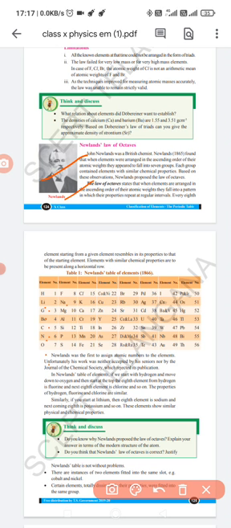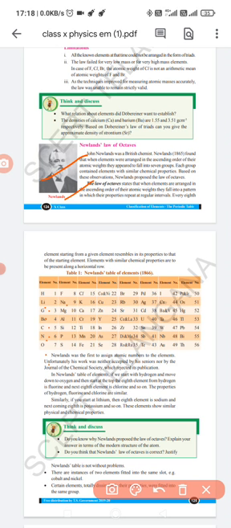What is atomic weight and what is atomic number, I will explain after this Newlands' law of octaves in this video. Then it will be easy to cover the next part of this topic.